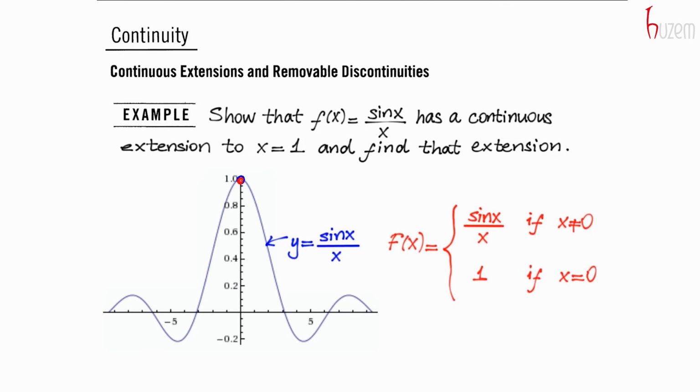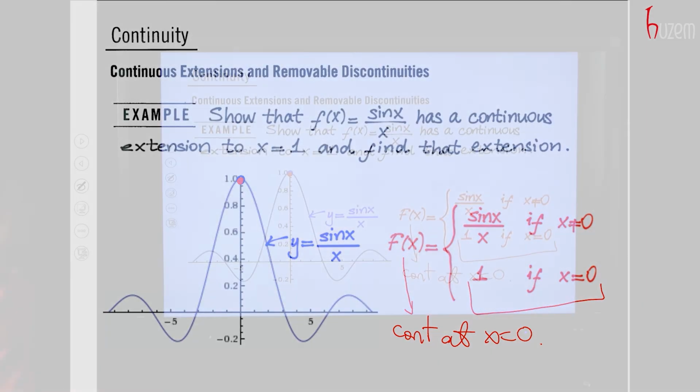So if we fill this gap by declaring that capital F(0) is 1, which is the limit of sine x divided by x at 0, we obtain a continuous function. So this new function is continuous at 0. So capital F is the continuous extension of sine x divided by x.